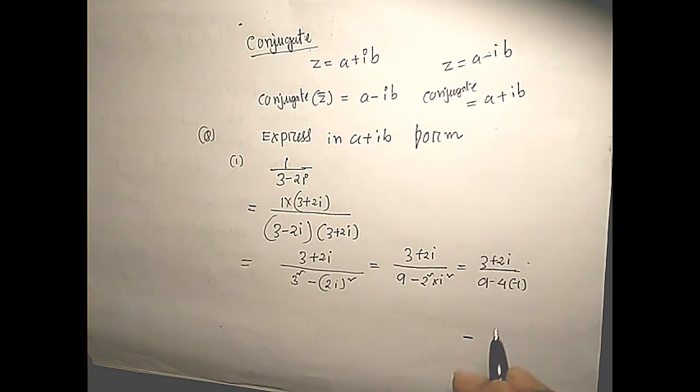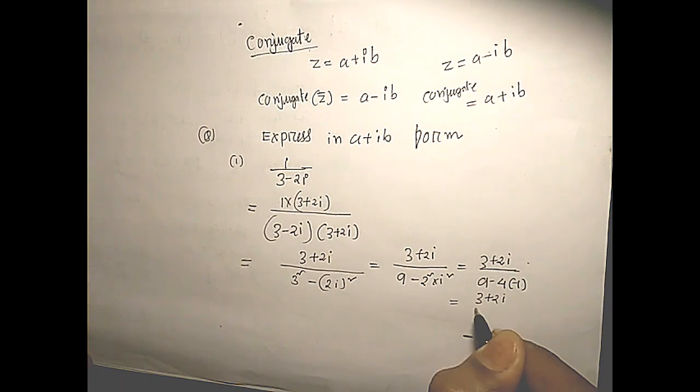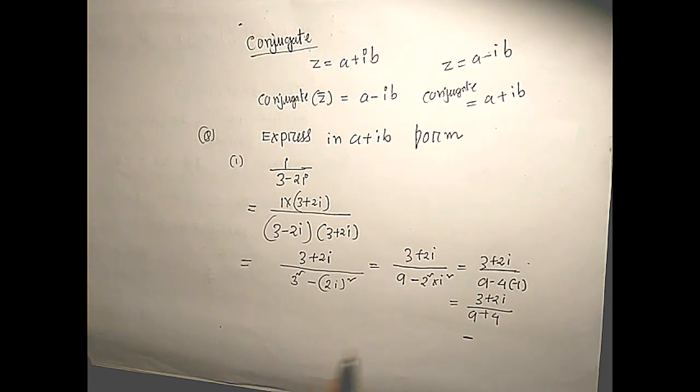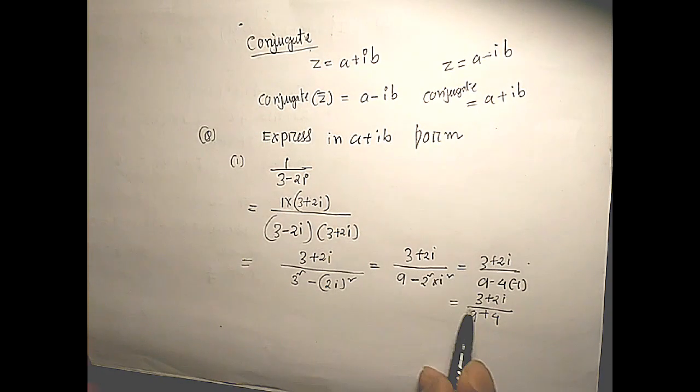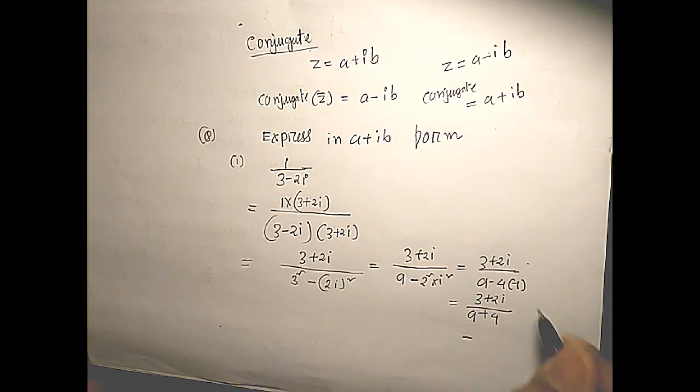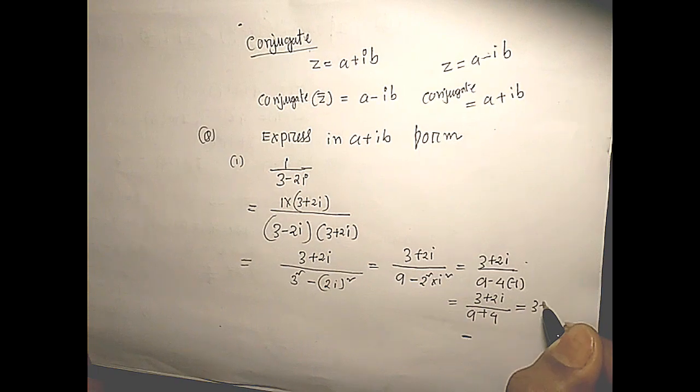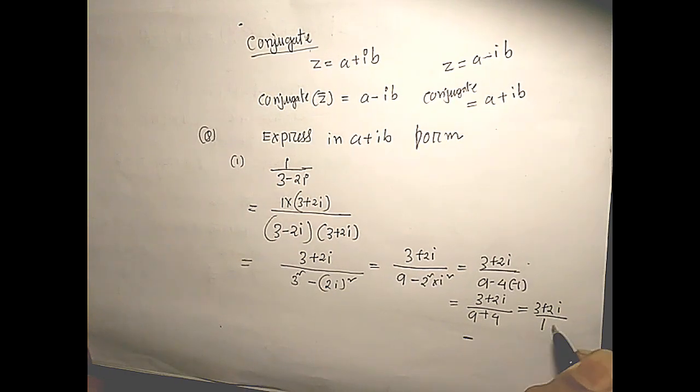So hence i square equals minus 1. So 9 plus 4, and the numerator is 3 plus 2i. So 3 plus 2i divided by 9 plus 4 equals 3 plus 2i by 13.